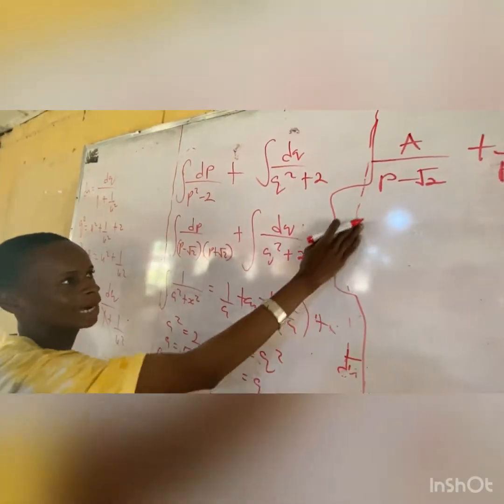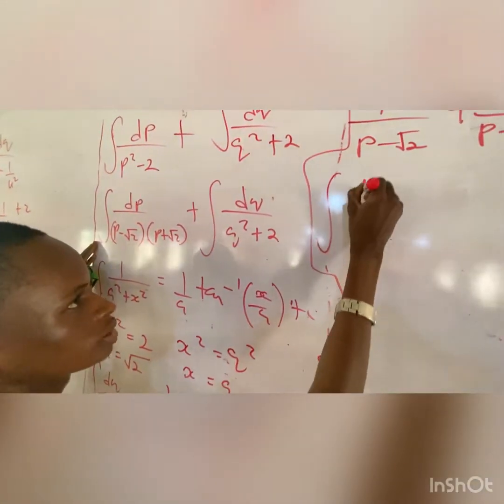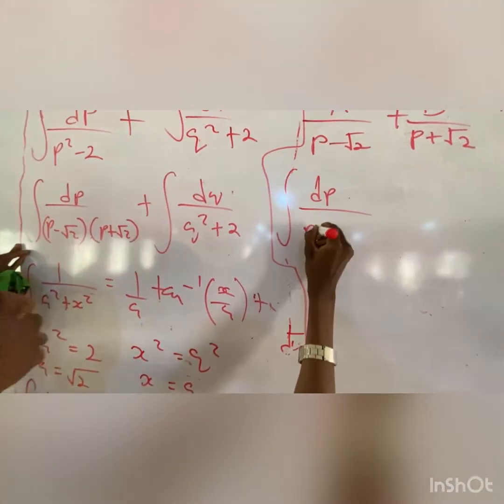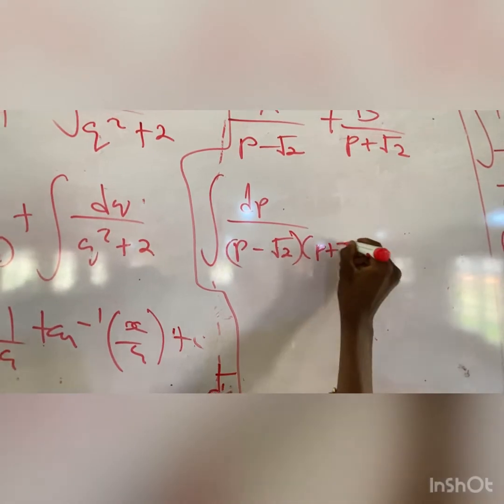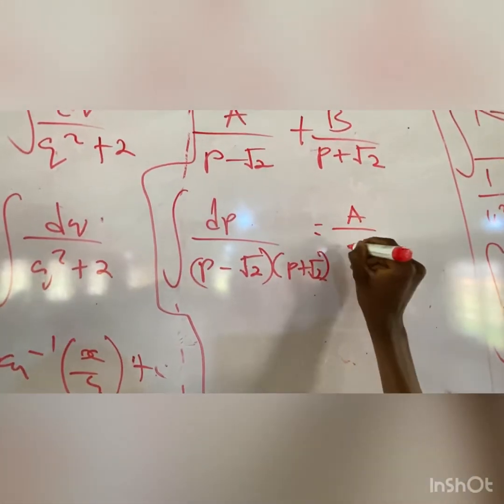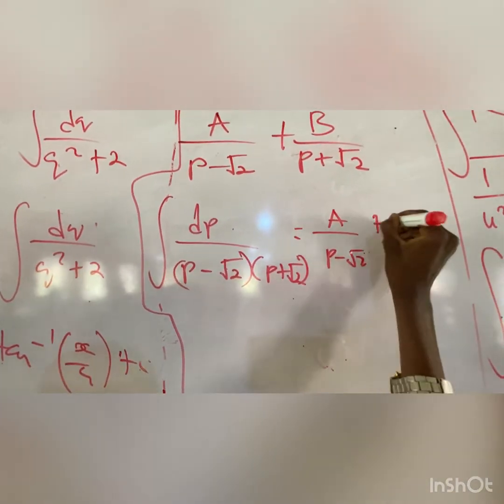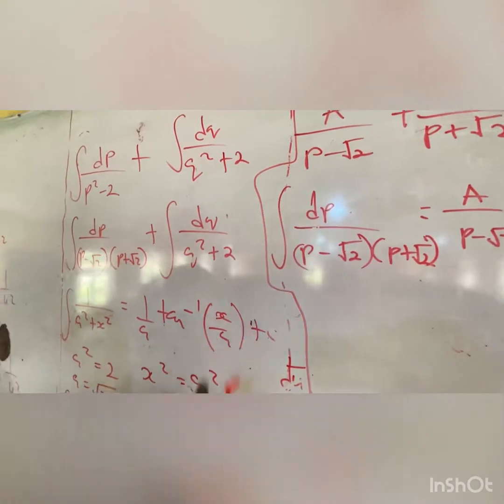So that is our integral. So let's write it to avoid confusion. So this is dp over p minus root 2 in p plus root 2 is equal to a over p minus root 2 plus b over p plus root 2. So the p here is representing 1.